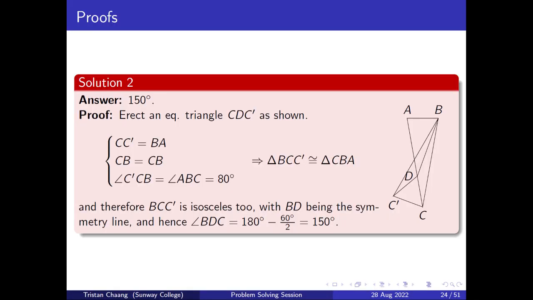So here, the first step they do is already something very weird. You erect the equilateral triangle CDC', which is a very random thing to do, right? But for some reason, that can help you find some congruent triangles, similar triangles, and then you can find out it's 30.